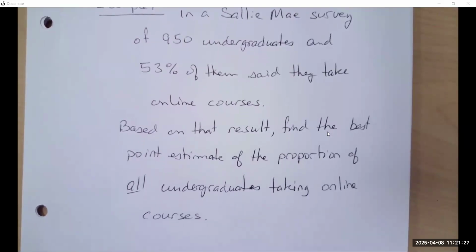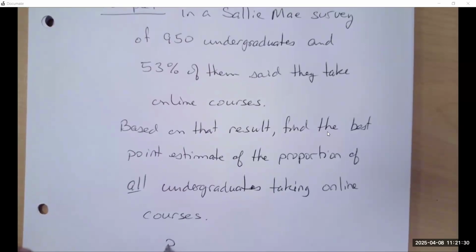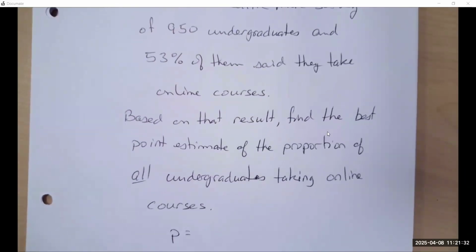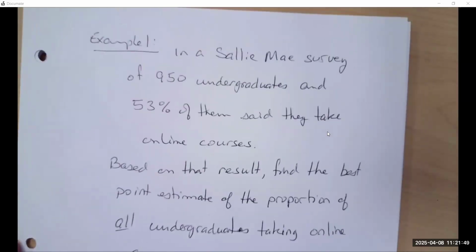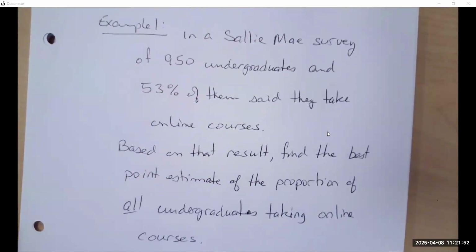So we have to define what is P, because we're looking for the population proportion. What is the value of P with what information is given? Nope, that's the size. What would it be in decimal?